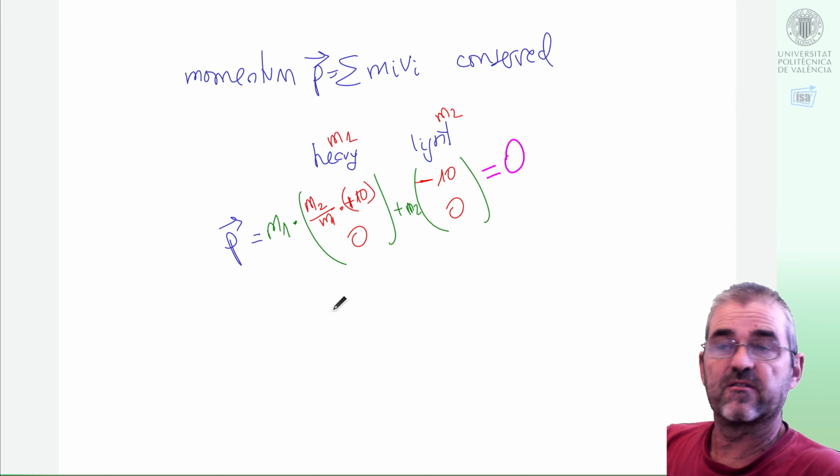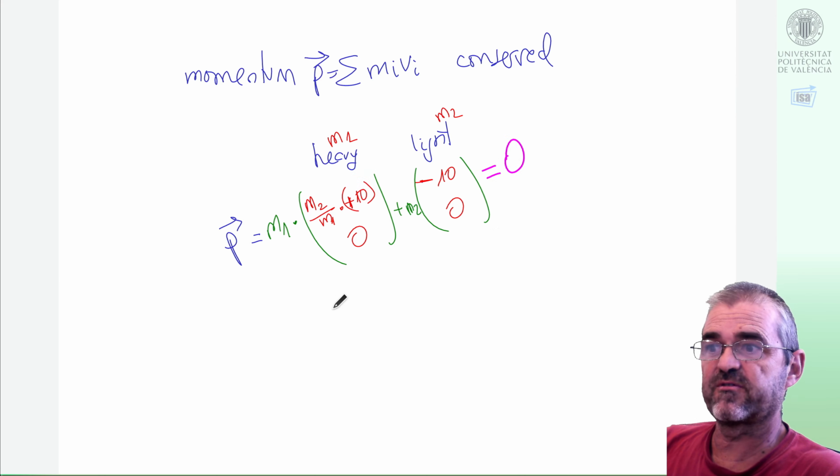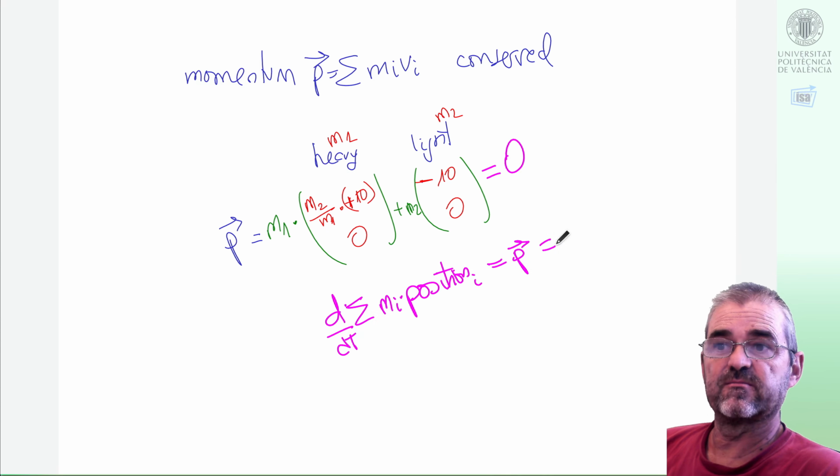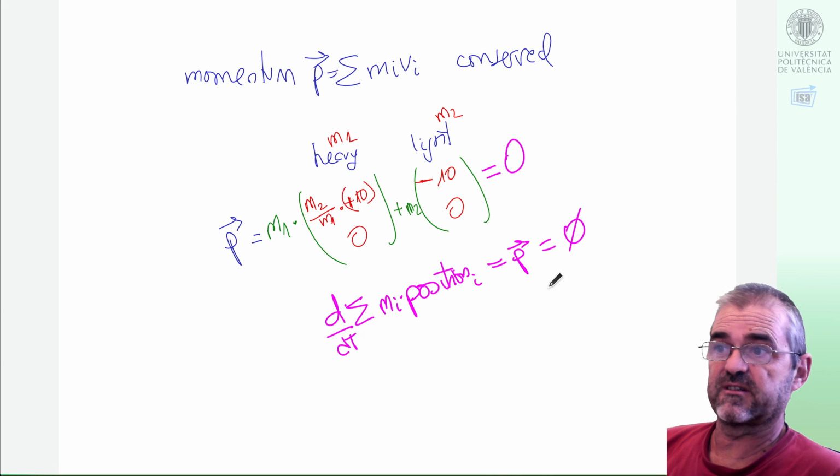barycenter, center of gravity, let's say, of the system of 2 bodies, the weighted sum of the positions, will be the momentum vector, and it will be 0 forever.